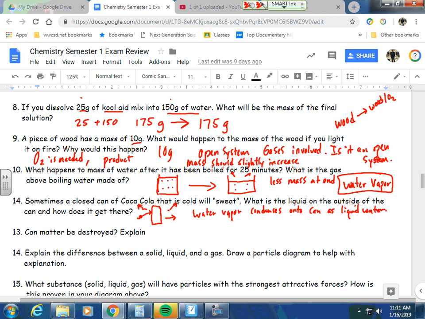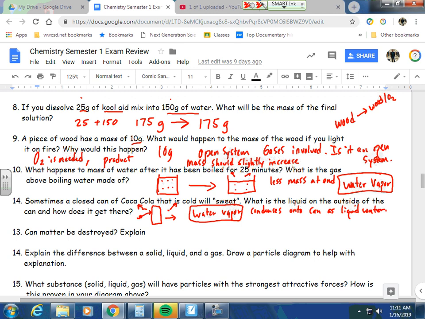Now here's another example. Is there a gas involved? Yeah, there's a gas involved here. So if we were talking about conservation of matter, what would we expect to happen to the mass of that can of Coke from beginning to end? Well, we find the mass of the cold Coke can.